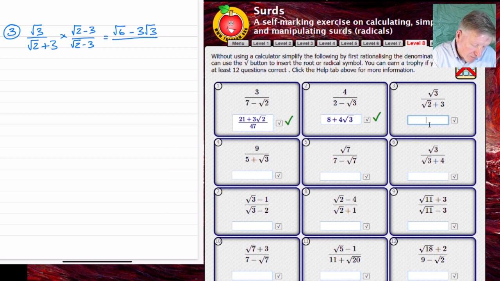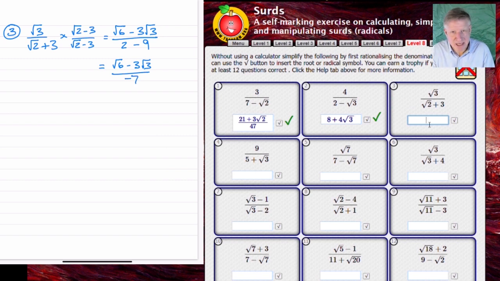And then on the bottom, root 2 times root 2 is 2, plus 3 times minus 3 is minus 9. So that's going to give me root 6 minus 3 root 3 over minus 7.